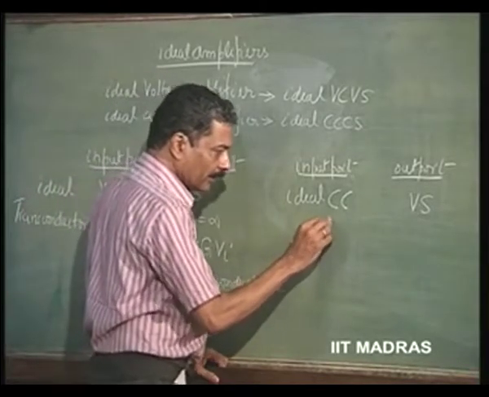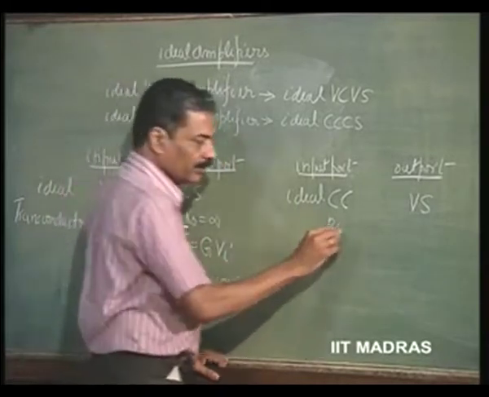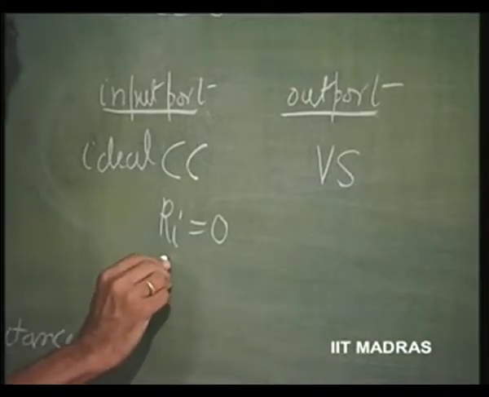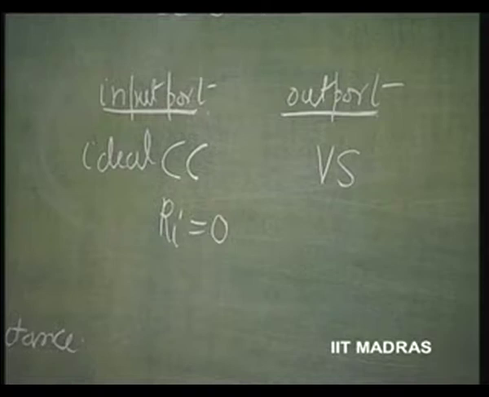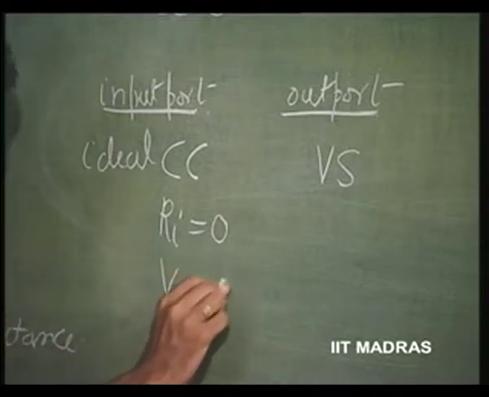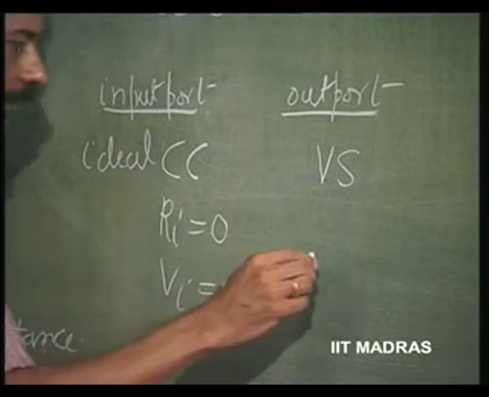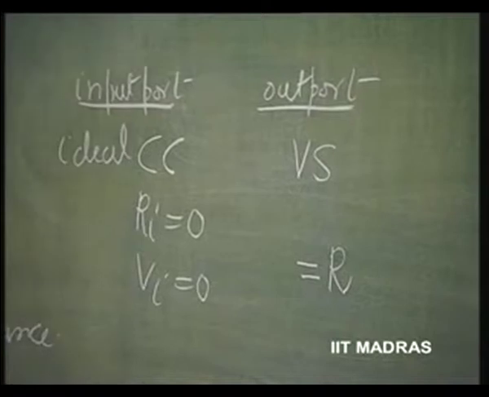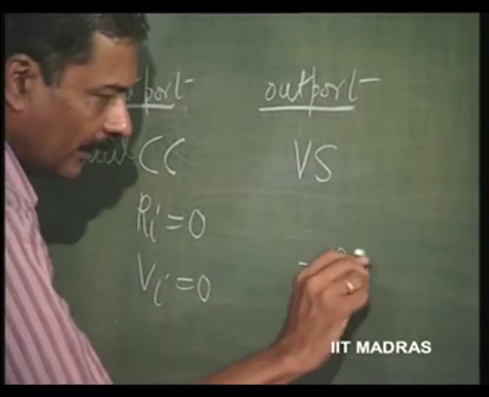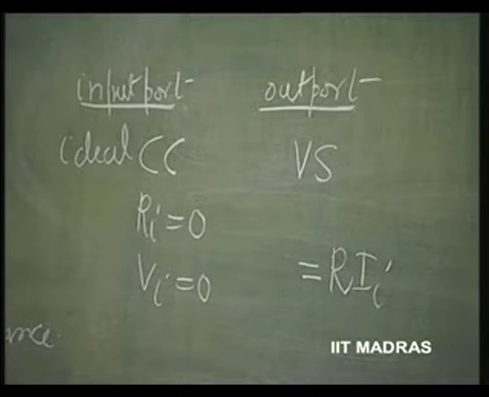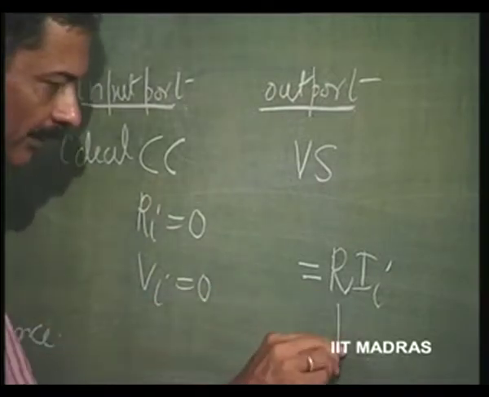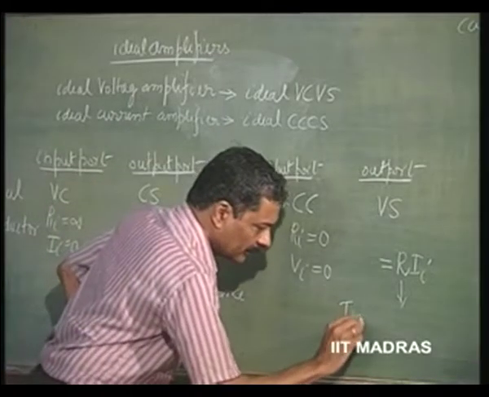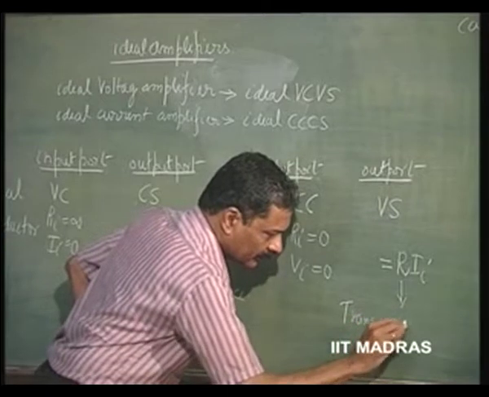Current control means Ri of the amplifier is 0, and it is current controlled. Therefore, we have, just as Ii is 0 here, V I equal to 0, and it is a voltage source. So, voltage is equal to R, resistance, times I, the input current. So, this is therefore called, just like transconductance, transresistance.